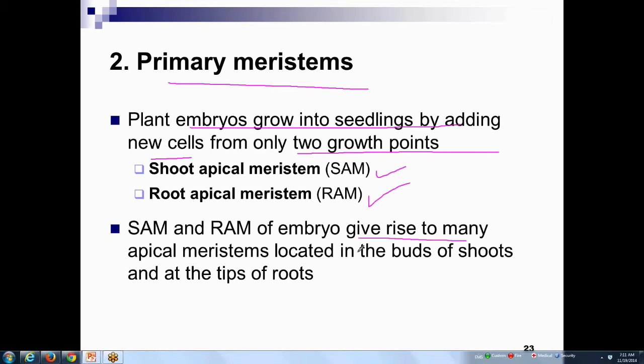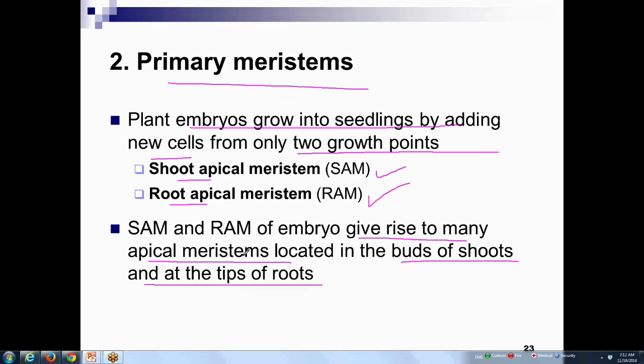Now, they give rise to many apical meristems located in buds and shoots and the tips of roots. So we'll start out in the embryo with only one shoot apical meristem and one root apical meristem, but then they will give rise to many apical meristems, right? Like in a tree, you might have hundreds or thousands of apical meristems located in the tips of all those little twigs.